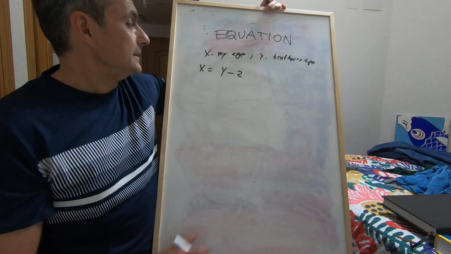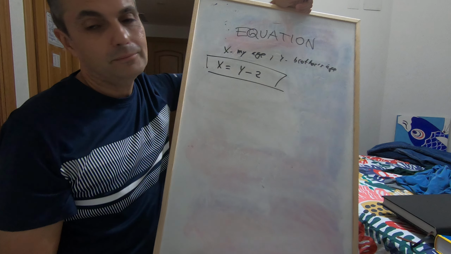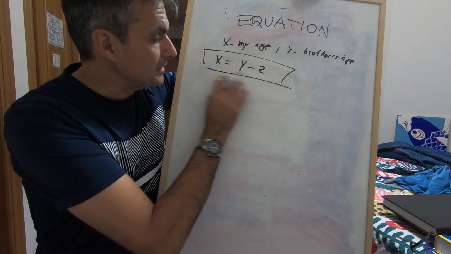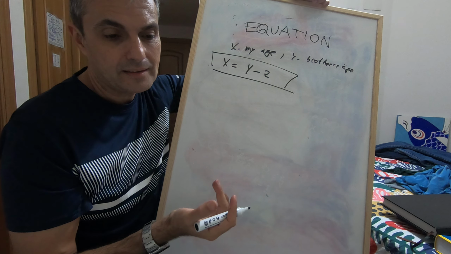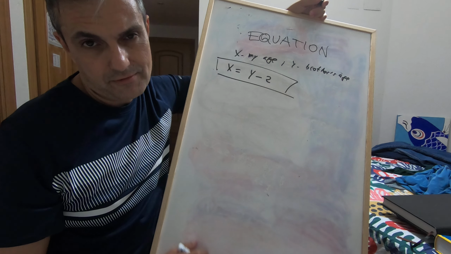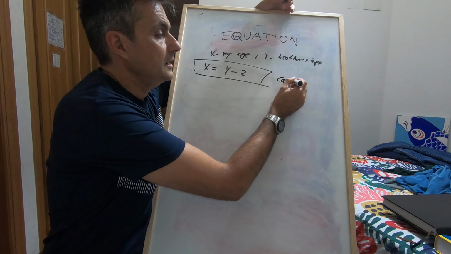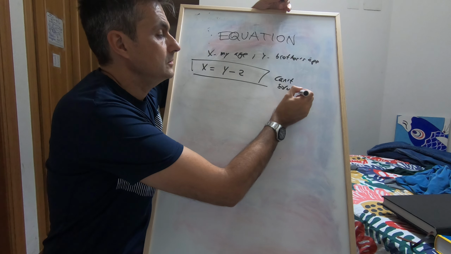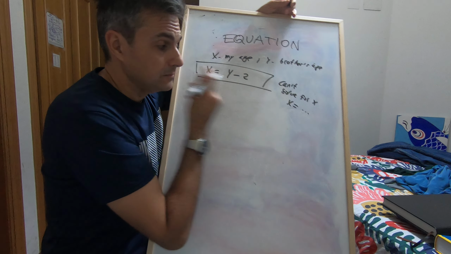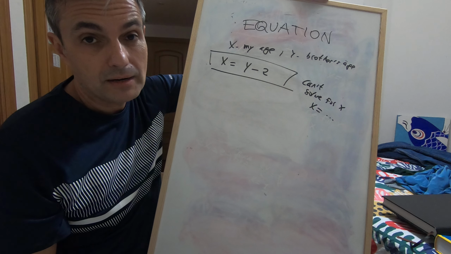But how old is my brother and how old am I? Do you agree that with that information, the fact that he's 2 years my senior, is not enough information to solve? We can't solve for x, because even though we have x equal whatever, we can't have a numerical value.